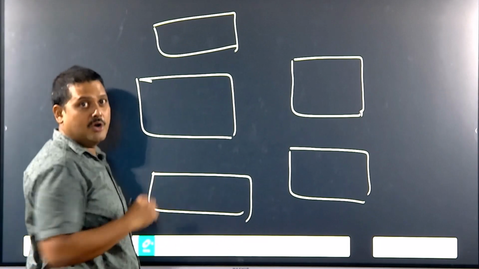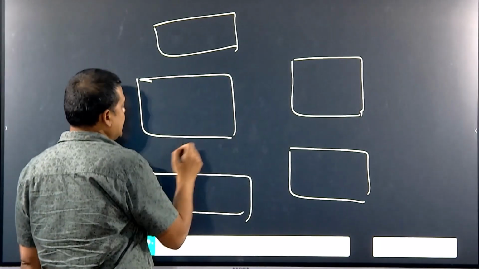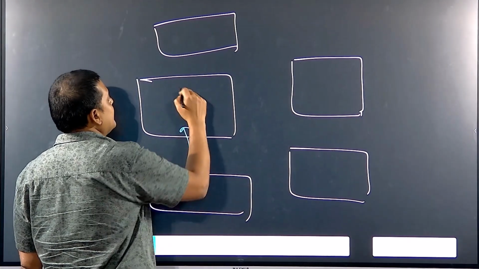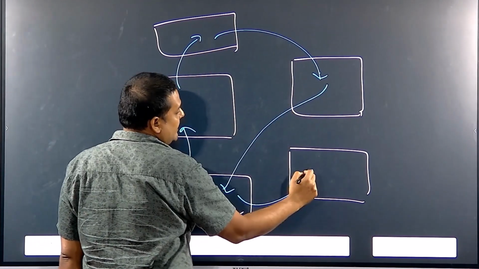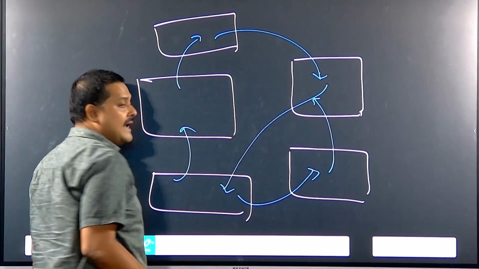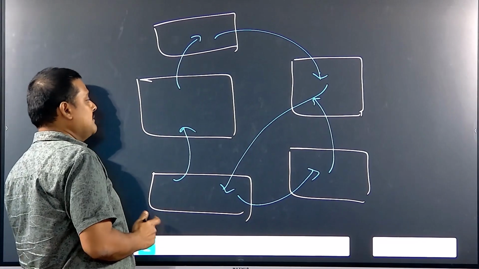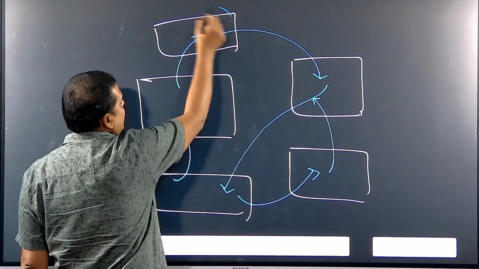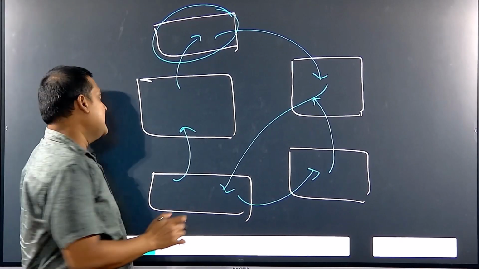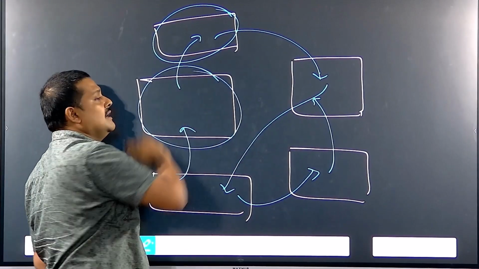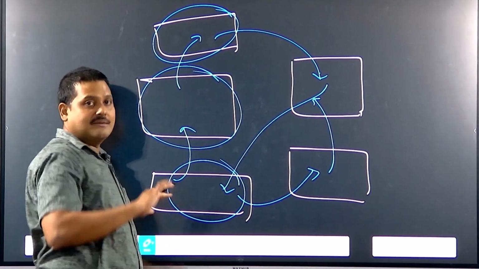Say for example, each module is executing and the flow of execution goes from here to here, here to here, it is coming here and going here, and this way everything is working, everything is executing. Now what is the problem? Say for example, this particular unit is handling the gravity, this particular unit is handling the fuel mechanism, this particular unit is handling some other mechanism.